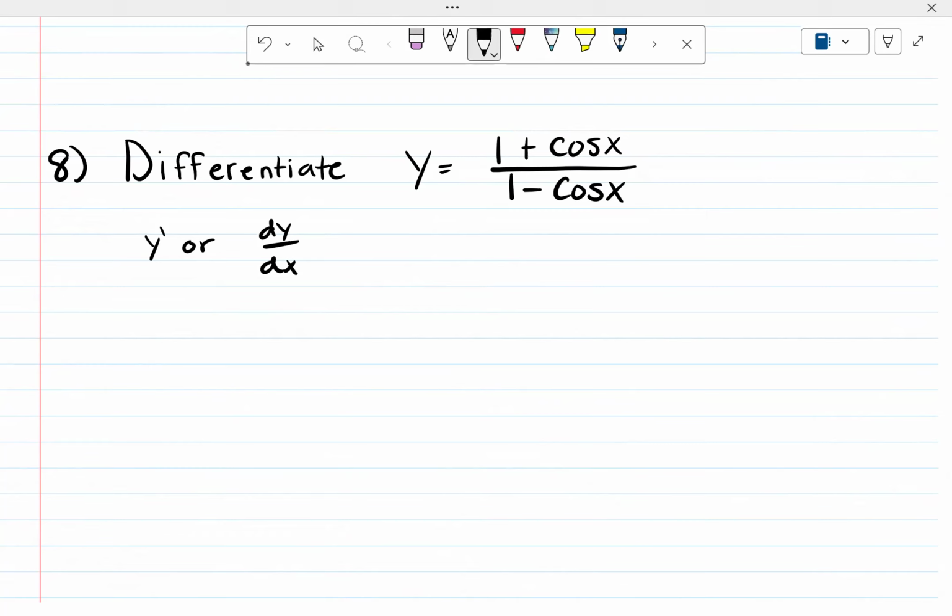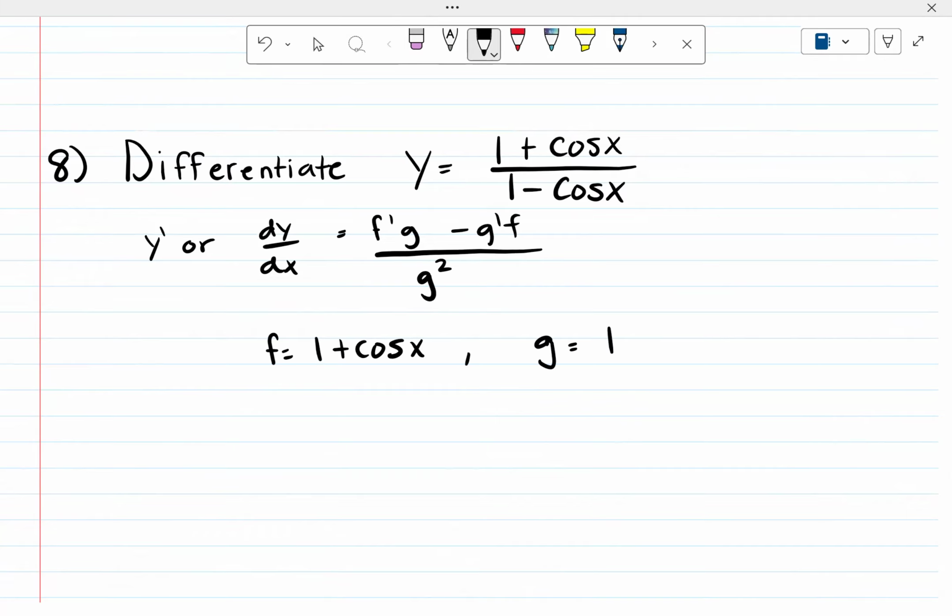I see that it's a fraction, so we're probably going to have to use the quotient rule. It's going to be f prime of g minus g prime of f, all over g squared, right? So first, figure out your f and your g. Your f is the numerator, 1 plus cosine of x, and your g is at the bottom, 1 minus cosine of x.